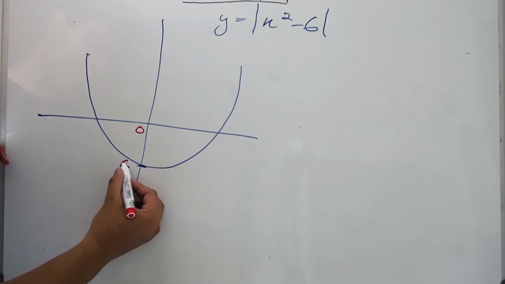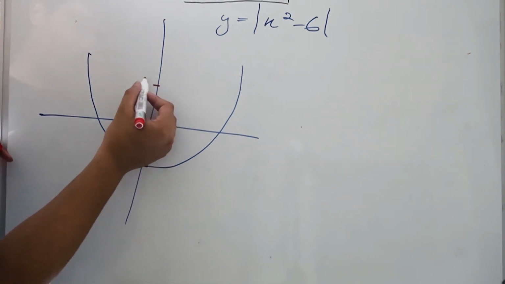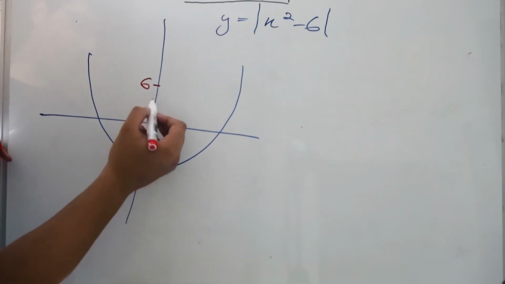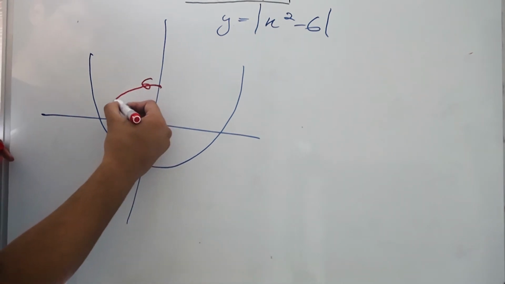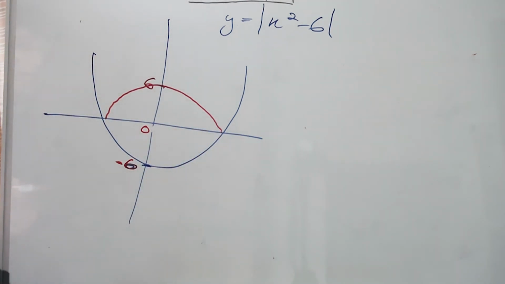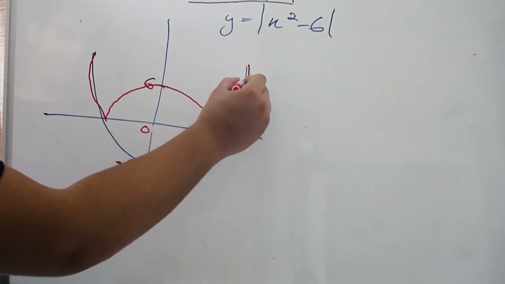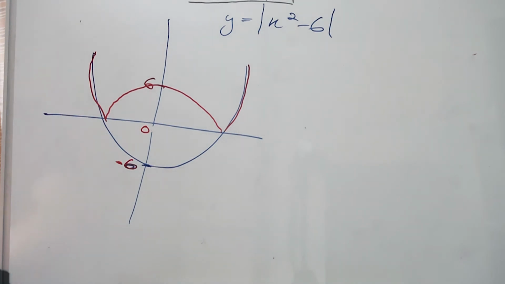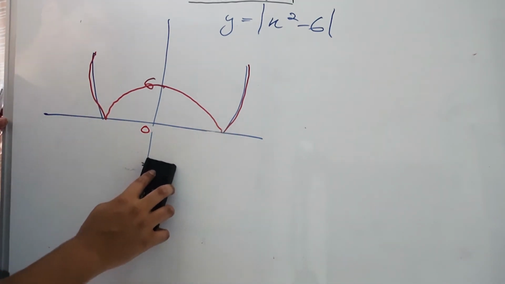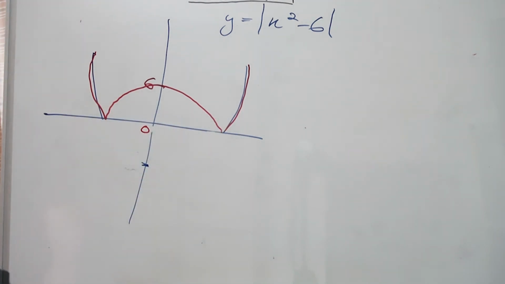For example, if this is minus 6, over here at positive 6, it will flip over and it will be like this. And this will be the graph. And you'll erase the parts that are below. And here you have a graph of a modulus quadratic equation.